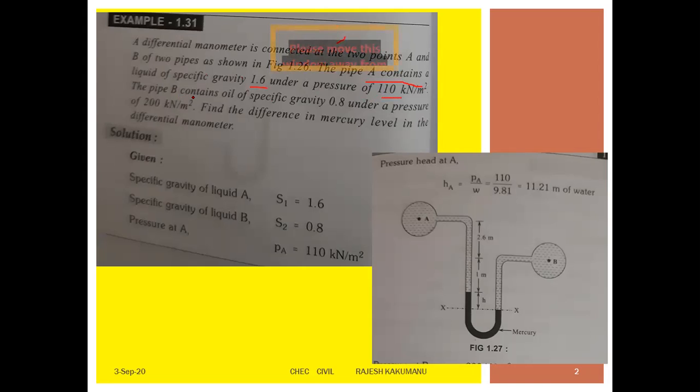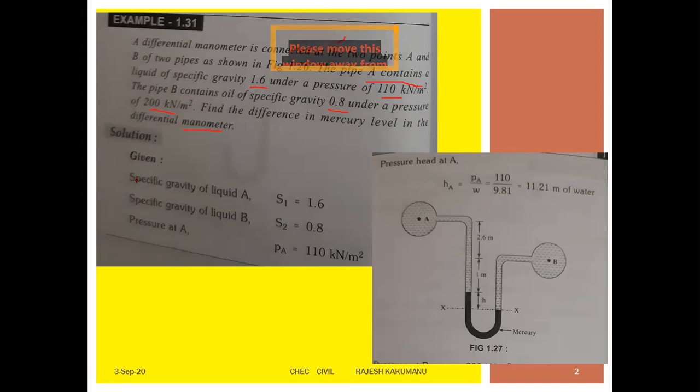The pipe B has specific gravity S equals 0.8. The pressure is equal to 200 kilonewtons per meter. Find the difference in the mercury level in the differential manometer.